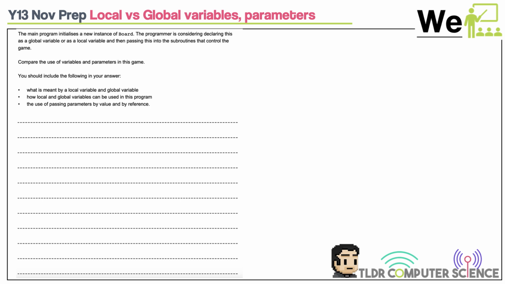Now, the only difference is if you've got two variables with the same name. You can actually call a local variable the same name as a global variable. If you have called the local variable by the same name inside the subroutine, then that takes precedence. The point I would say is that local and global variables are about visibility.